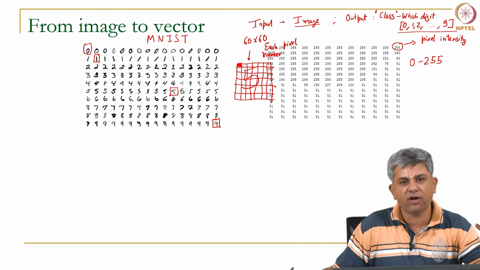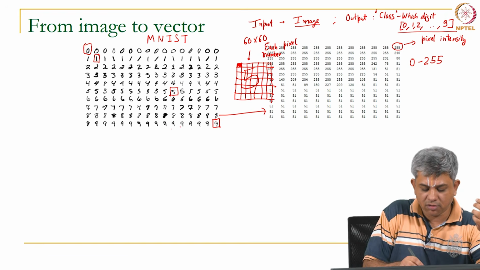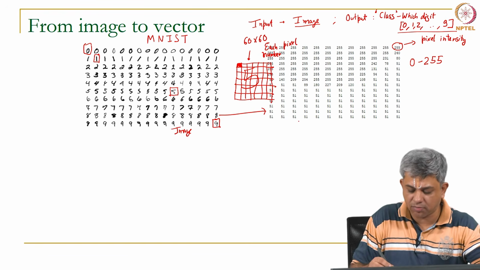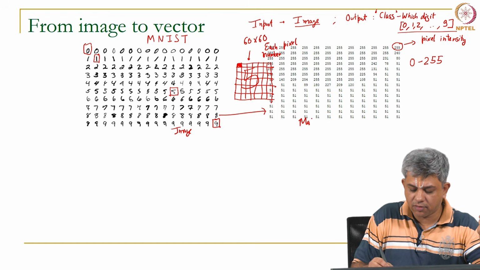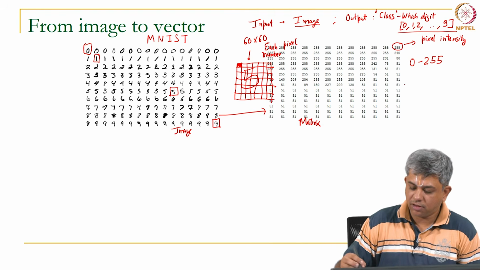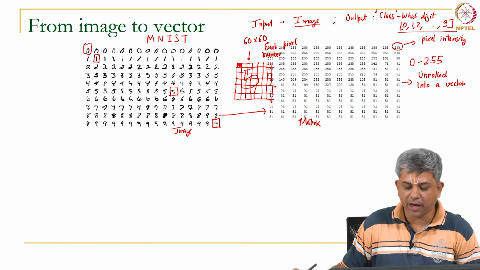So, this is a natural way of converting your image. This is the image, or actually a series of images, but you can represent it as a matrix. The matrix further, if you wish, you can unroll into a vector. What do I mean by unroll?